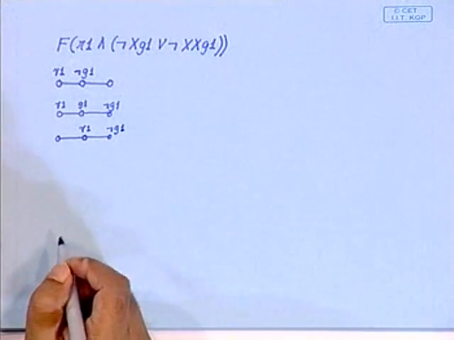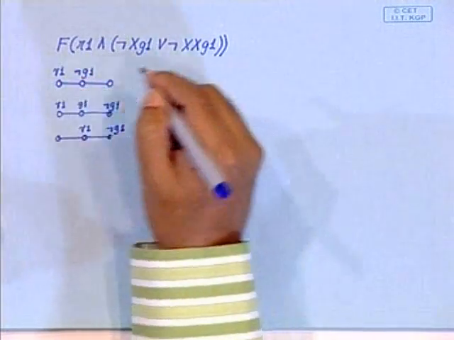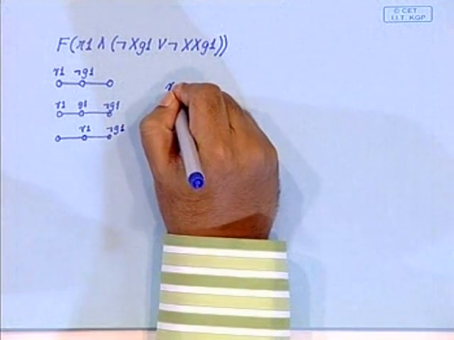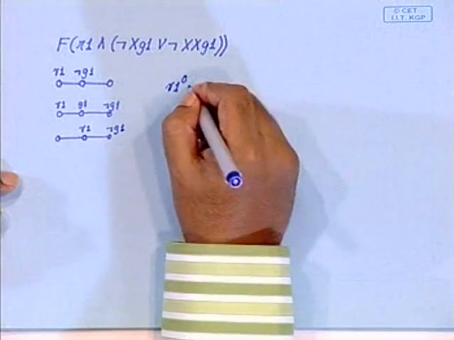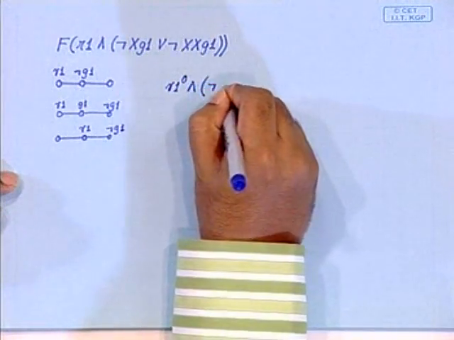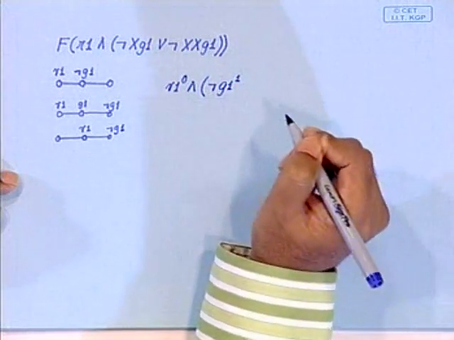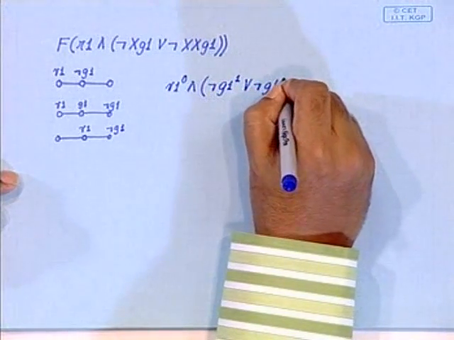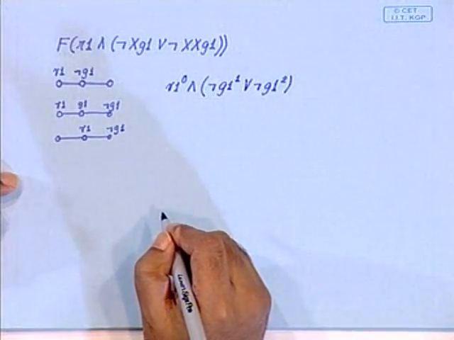all right. So for the R1 happening here, the clauses that you get is R1 happens at time 0, and then there are two possibilities. We have not of G1 1 or not of G1 2. So this is one possibility.